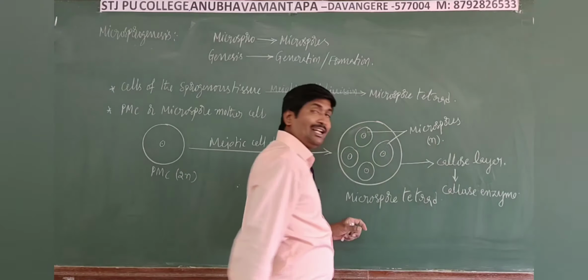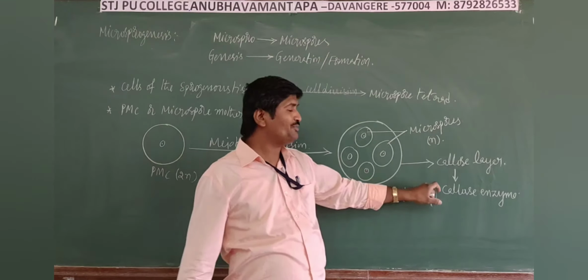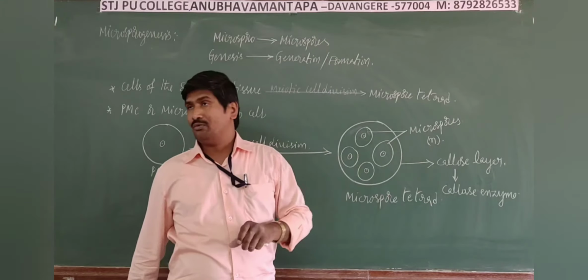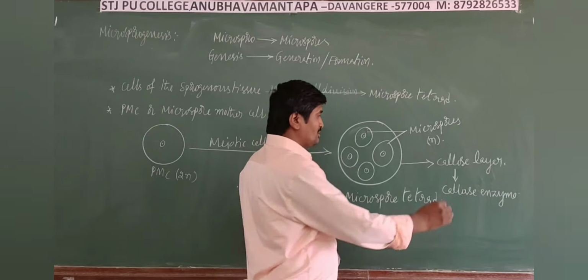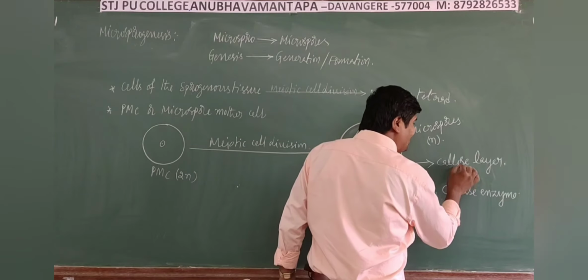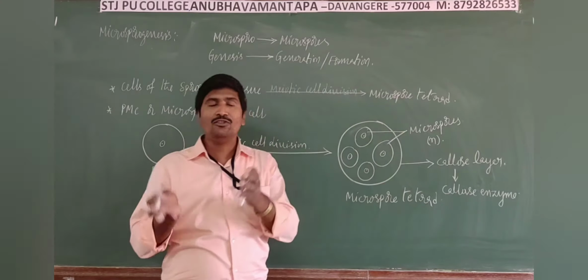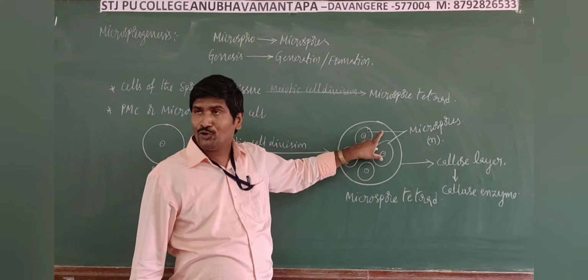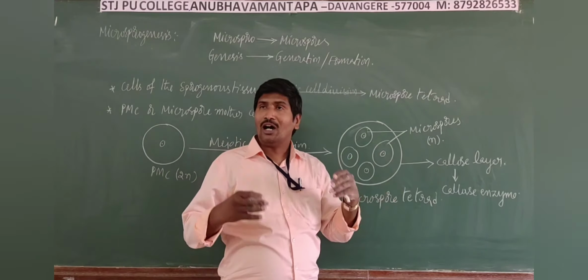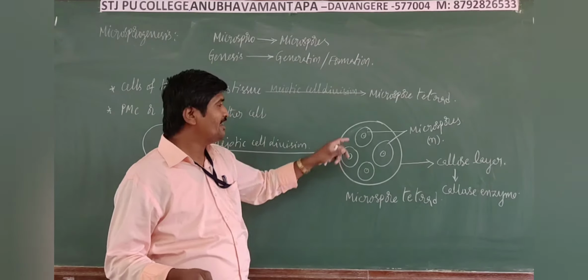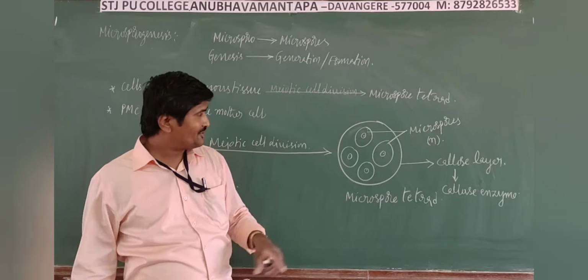You already know the tapetum is the inner wall of the anther. So when the callose layer is completely dissolved, the four microspores are separated. Each microspore is differentiated into a pollen grain.